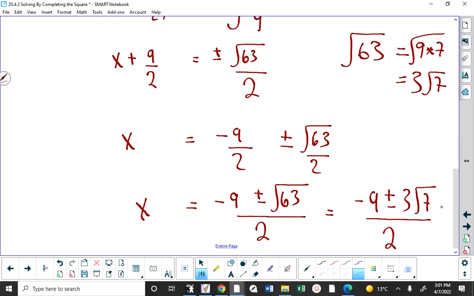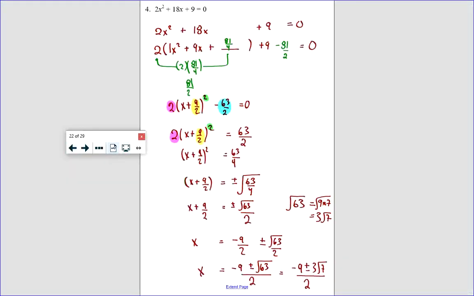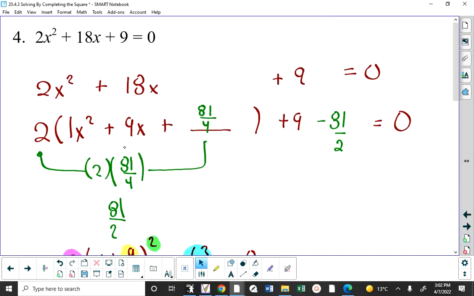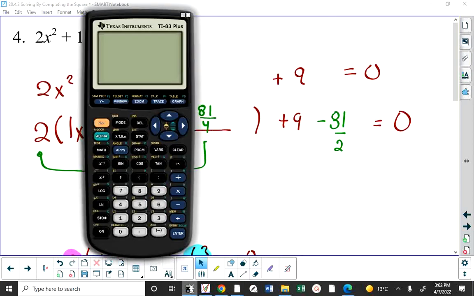Can you calculate b squared minus 4ac for me? It's not 63, is it?